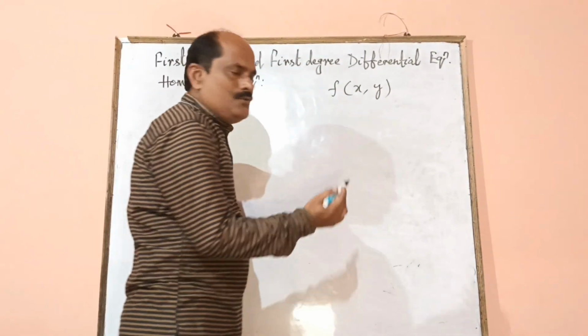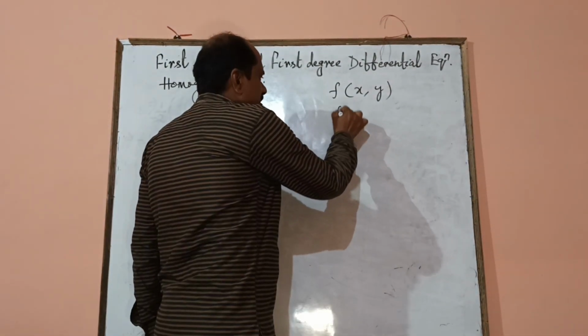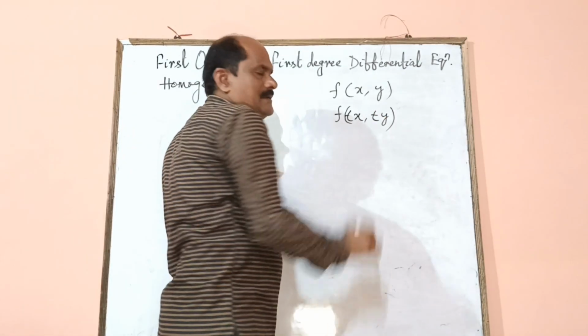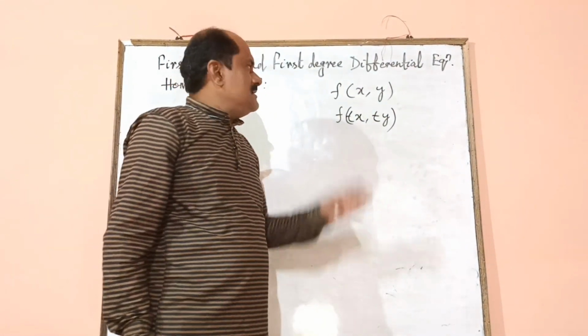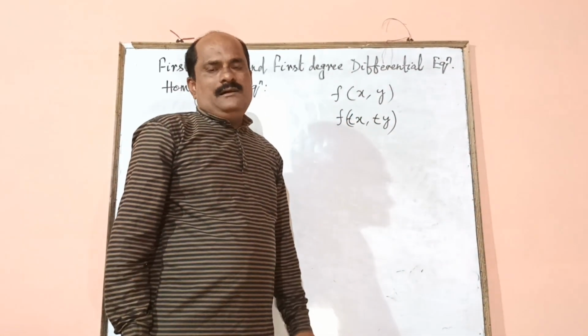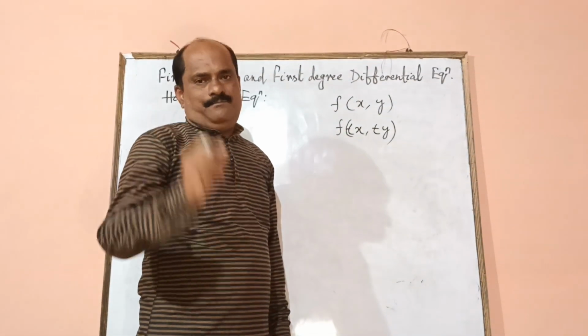We put tx in place of x and ty in place of y. We replace x by tx and y by ty. Here t is a real number and it is independent of x and y.